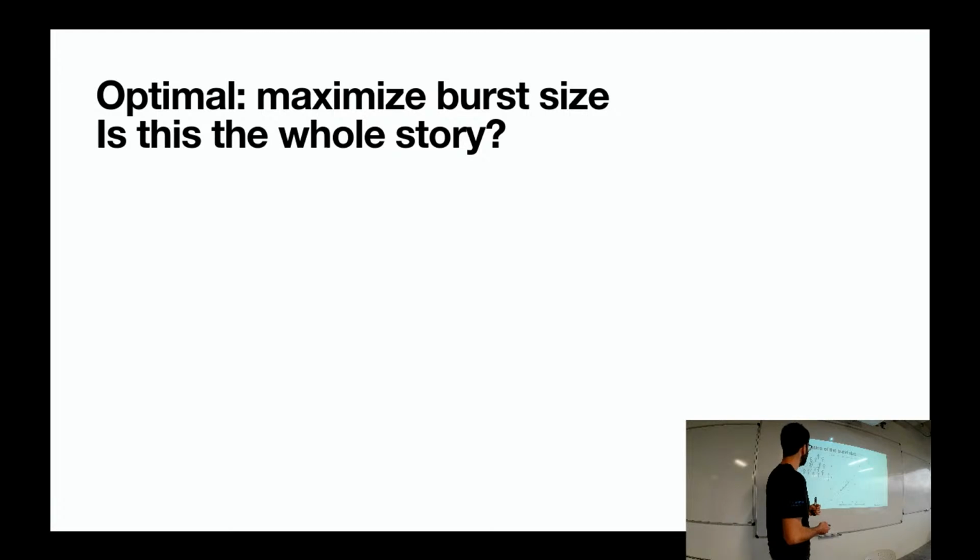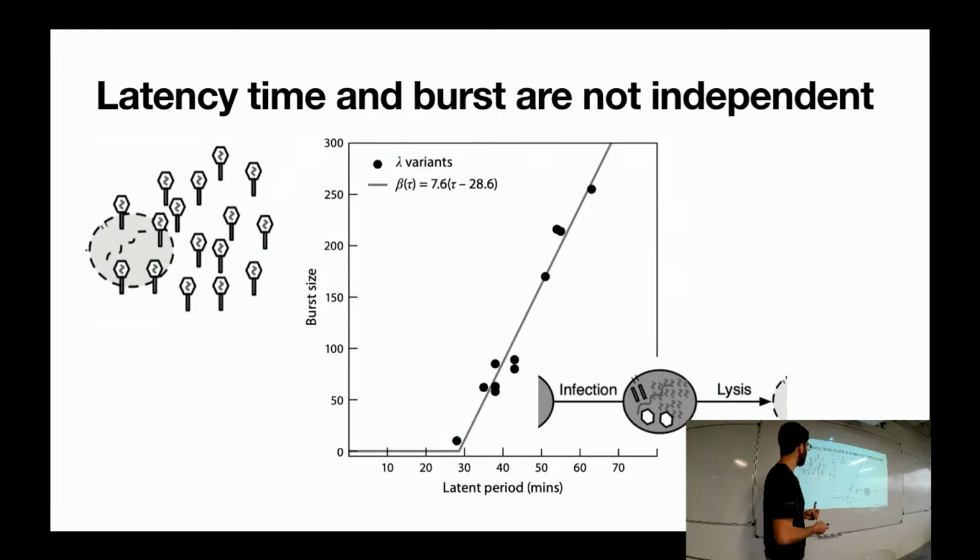Good. So then we talked about trade-offs, and we discussed how there is a large variation of the birth size, and how the birth size is connected to the latency period. And I think that the point that we arrived to was to say, okay, in reality, this birth size is some function of the latency rate.